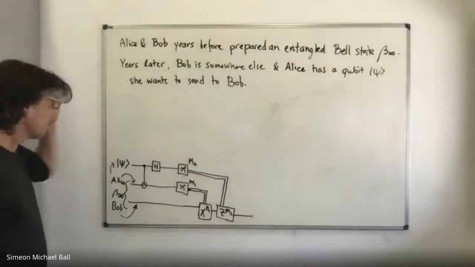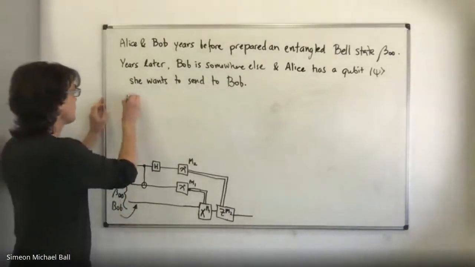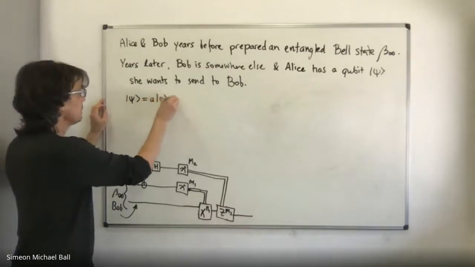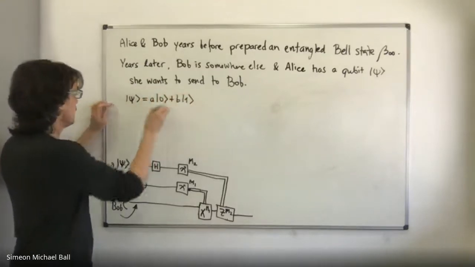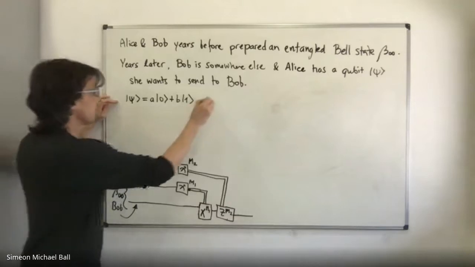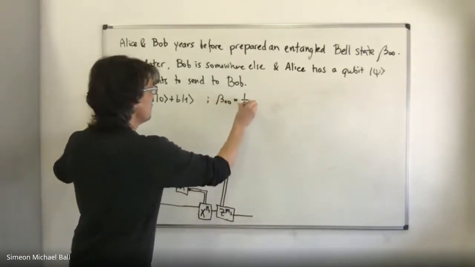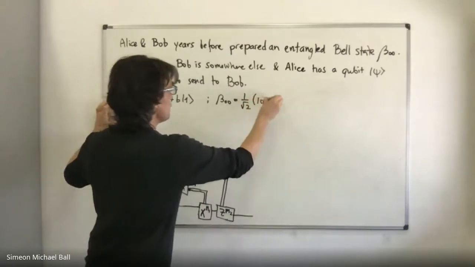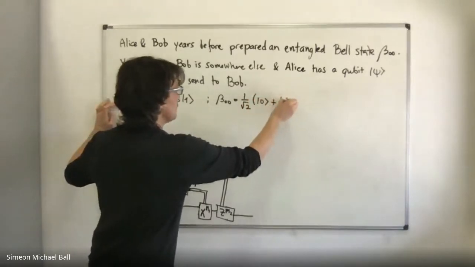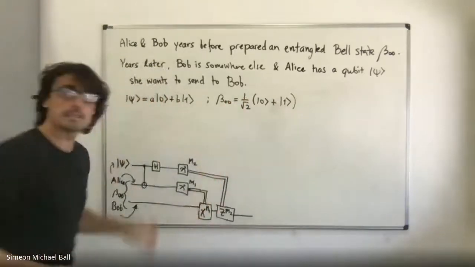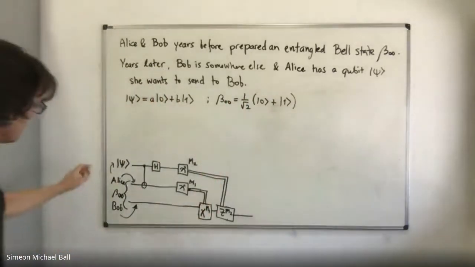Let's say that this psi is A0 plus B1, and recall that beta 0,0 was 1 over root 2, 00 plus 11. So let's see what happens.